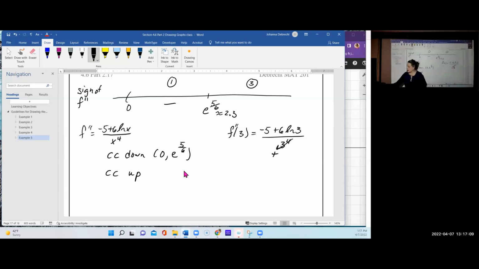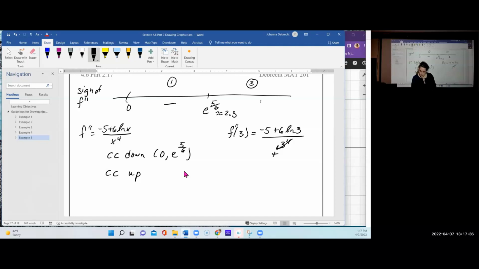So then I want to take my calculator and figure out what the sign of the numerator is. So I have -5 plus 6. Oops. Somehow I put in times instead. So -5 plus 6 natural log of 3, which ends up being positive.